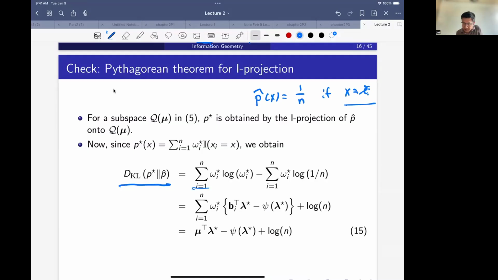So this is just the definition of Kullback-Leibler. And then in the second equality, we know the form of omega star, which is this form. So log omega star is this form. And then we know that this one is the calibration equation, mu.